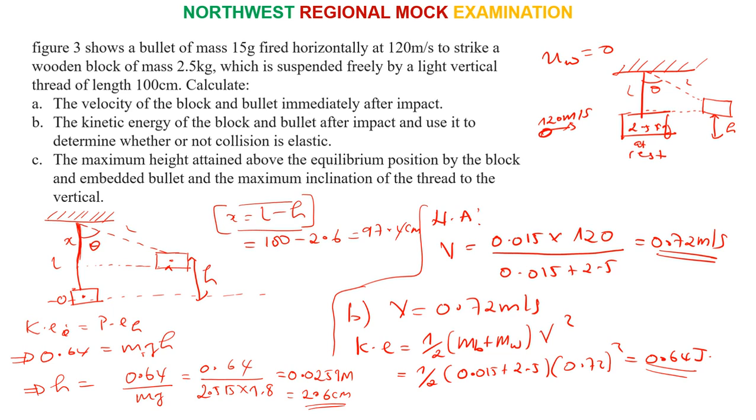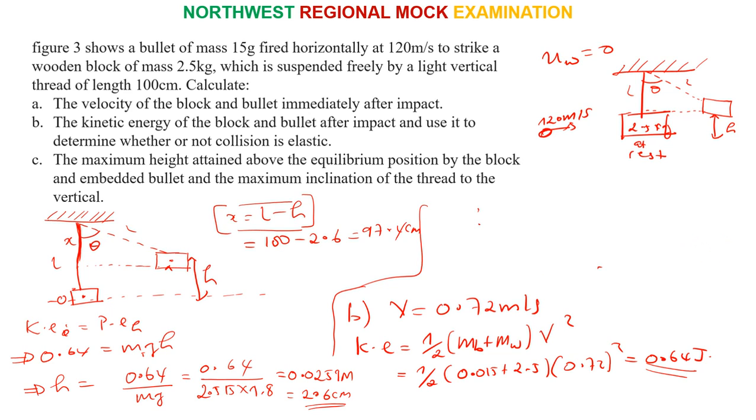We see that this side is the adjacent side and I know the hypotenuse, so we can use the cosine. The cosine of the angle theta will simply be x divided by L, which is 97.4 divided by 100.